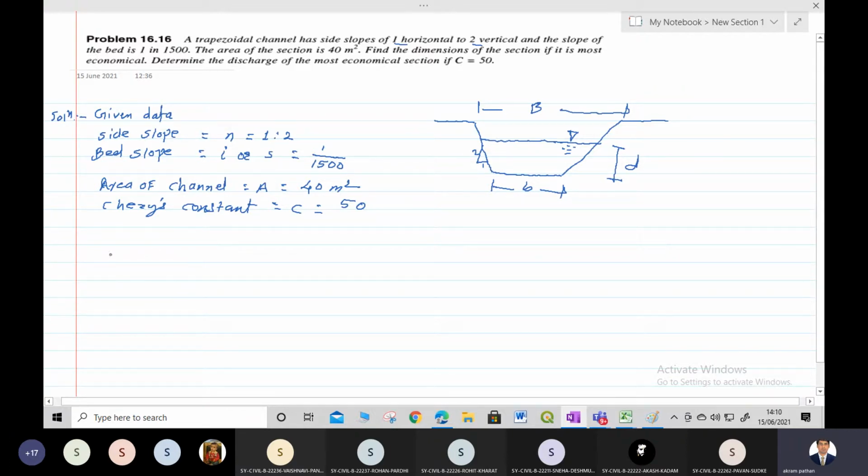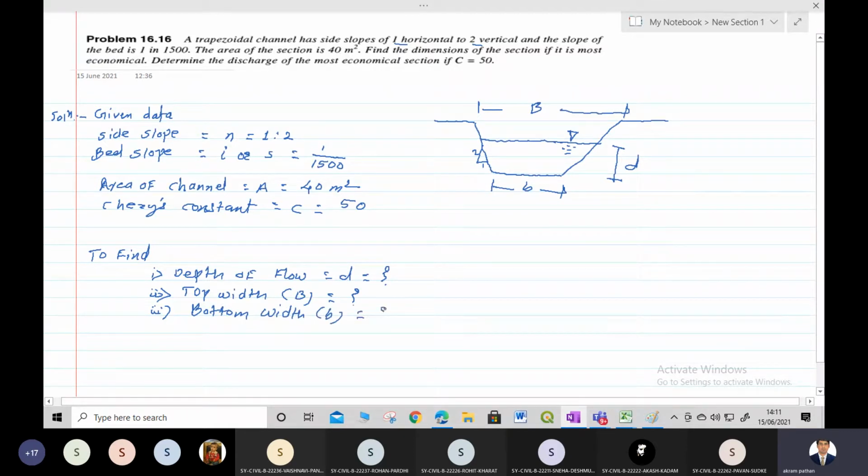And we have to find out, first, the depth of flow in the channel, that is D, how much it is. Second, the top width of the channel, that is capital B. Then third, the bottom width of the channel, small b.